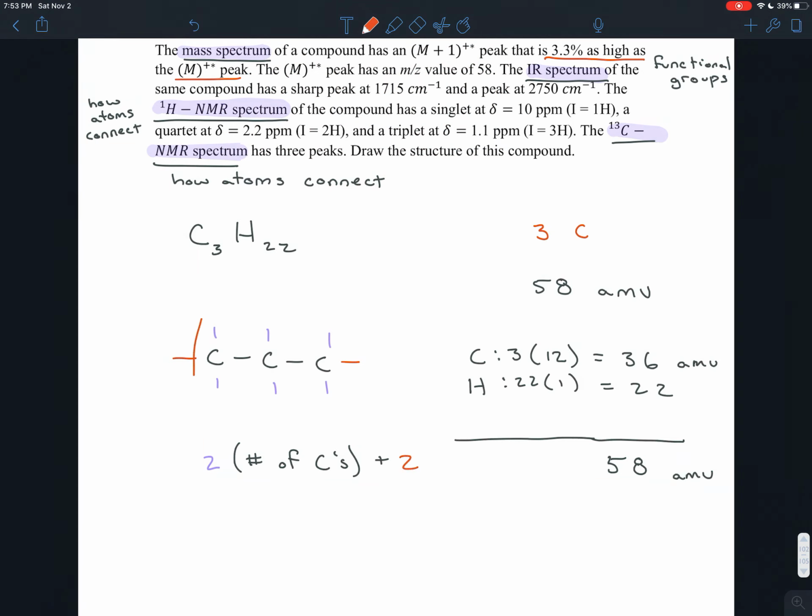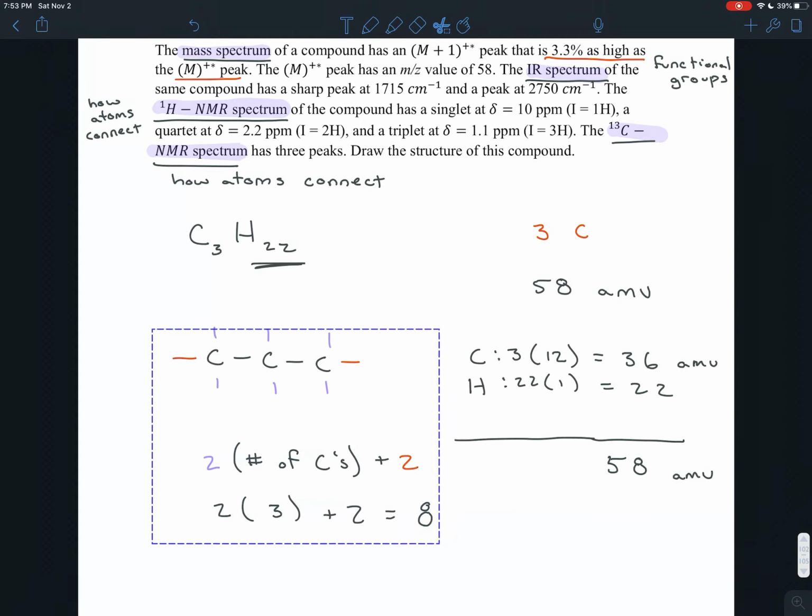If you're thinking about the bonding, for every carbon you have bonds up and down, 2 bonds up and down. So 2 times the number of carbons, and then you have the 2 bonds at the end. So plus 2. That's the maximum number of hydrogens you can have. So here, if we have 3 carbons, it would be 2 times 3 plus 2, that's 8. Maximum 8 hydrogens can fit on these 3 carbons. 22 is way too many.